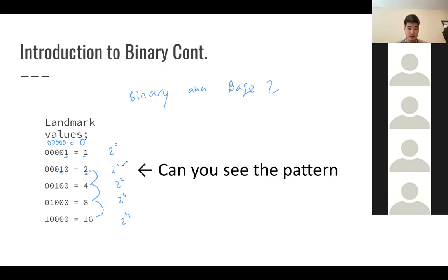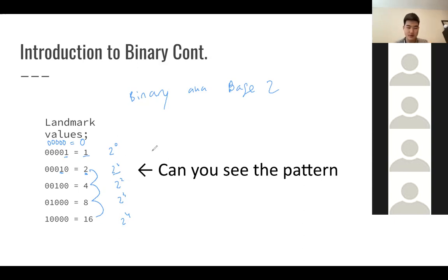2 to the first, so this thing right here, means multiplying 2 by itself 1 time. Okay, wait, no, I worded that a little bit weirdly. When I say multiply 2 by itself 1 time, it does not mean 2 times 2. It means you have one 2, and that's it.